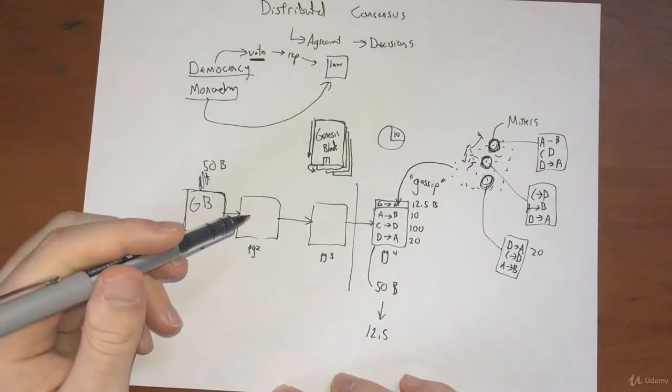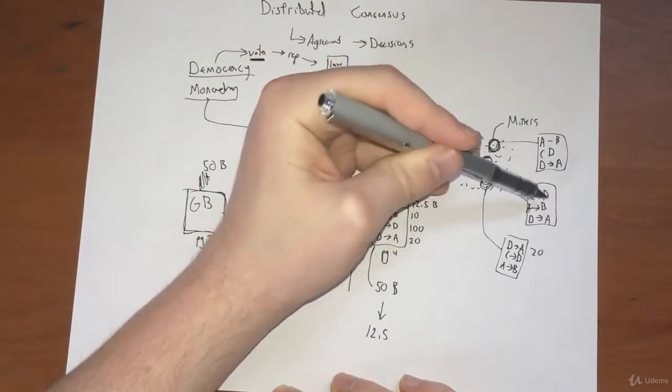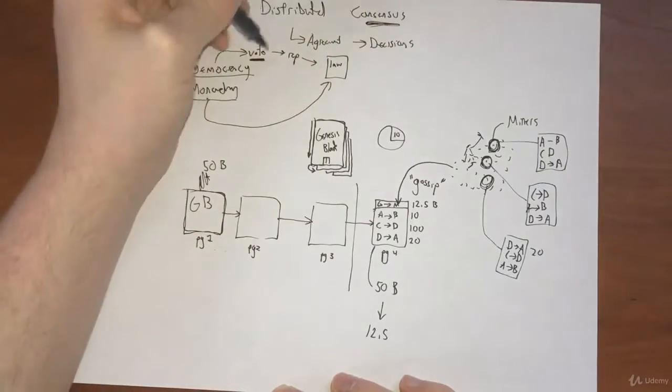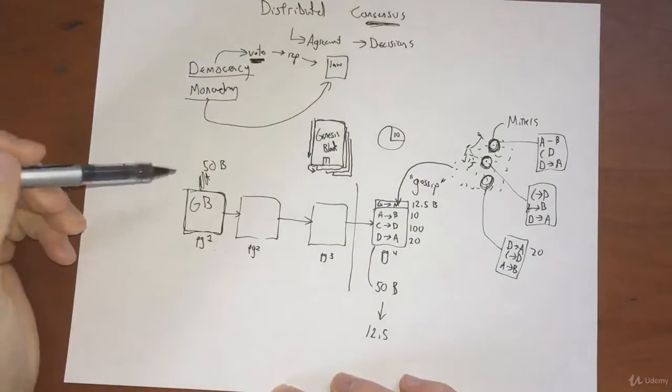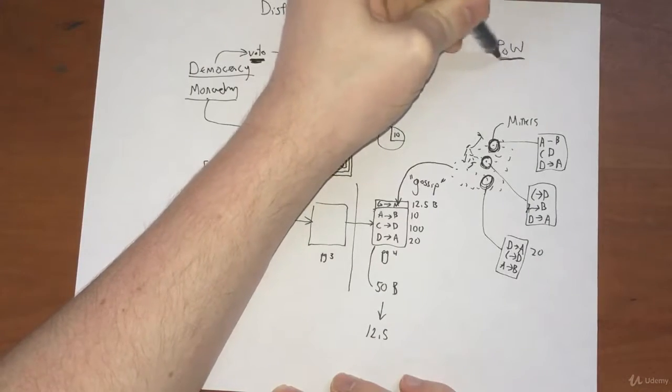Now, how do we decide whose block to use? That's the consensus problem. That's the voting problem. So in Bitcoin, we use proof of work.